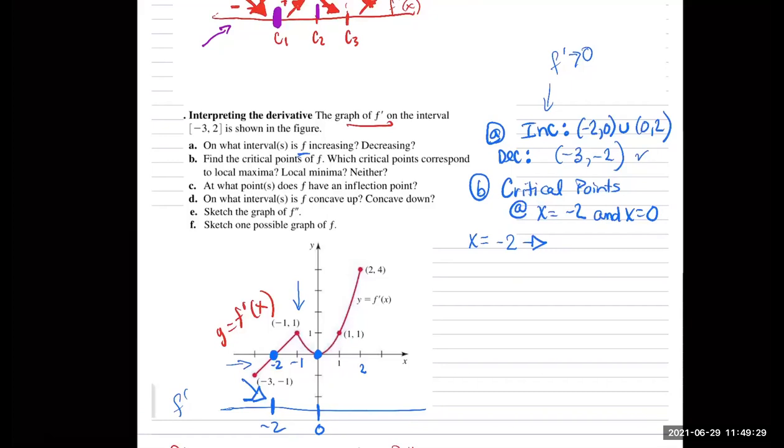Between -2 and 0, notice that the first derivative is positive. And from 0 to 2, we're only looking between 0 and 2. It's positive. So can you tell me what happens at x equals -2? Is it a relative max, min, or neither?